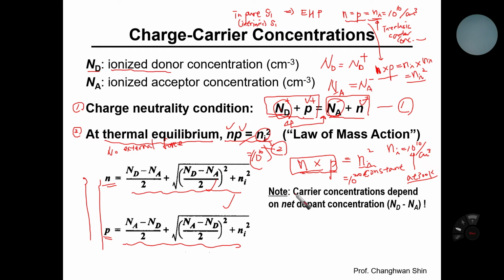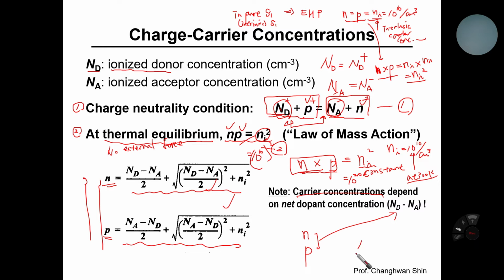Here, one note is that carrier concentrations depend on the net dopant concentration. Carrier concentration means the total number of electrons and the total number of holes. Those are very dependent on the net dopant concentration.